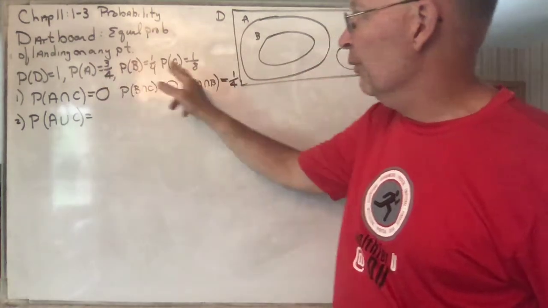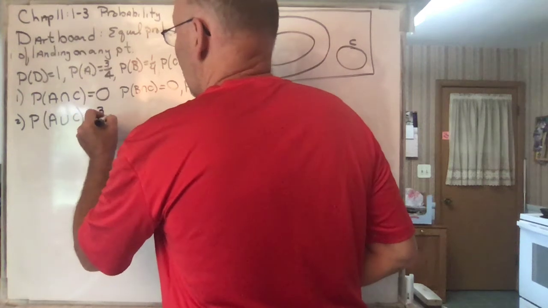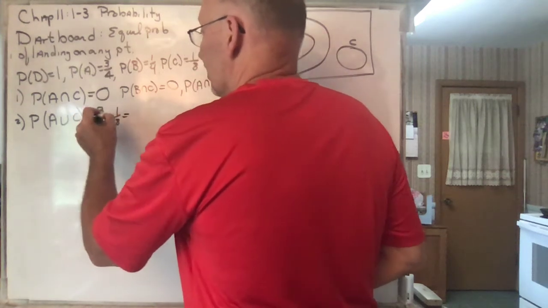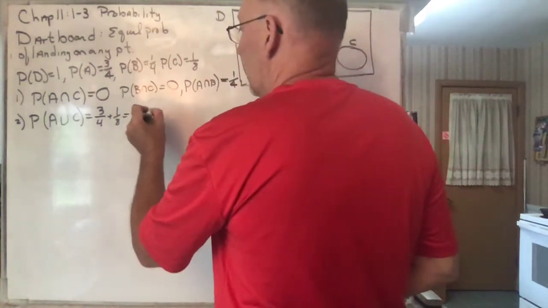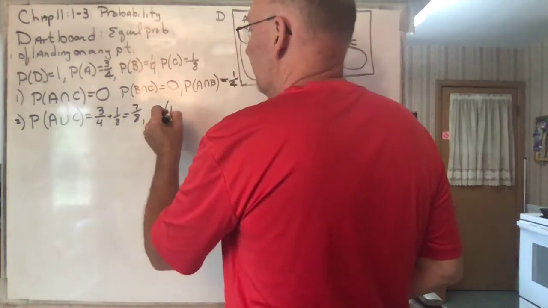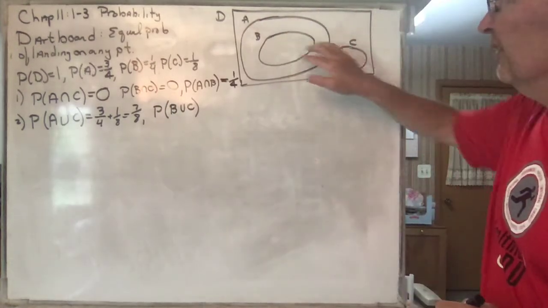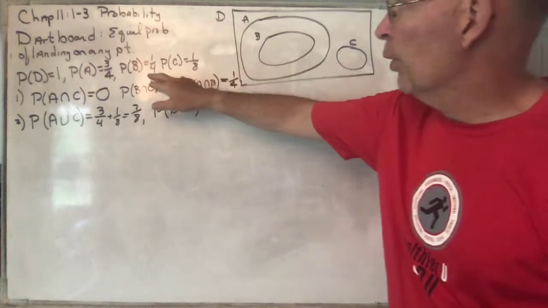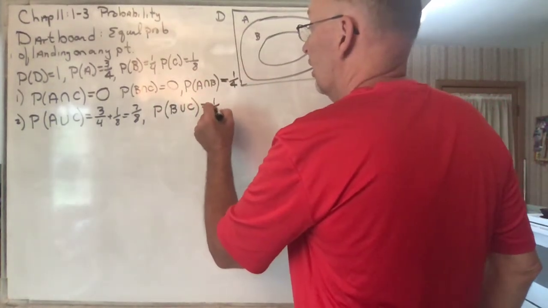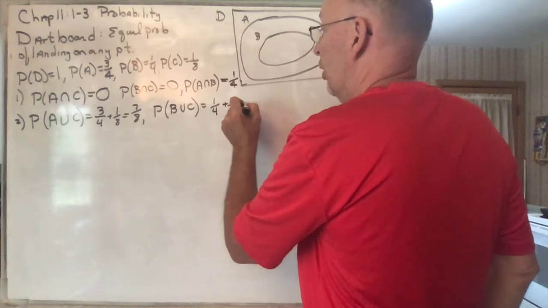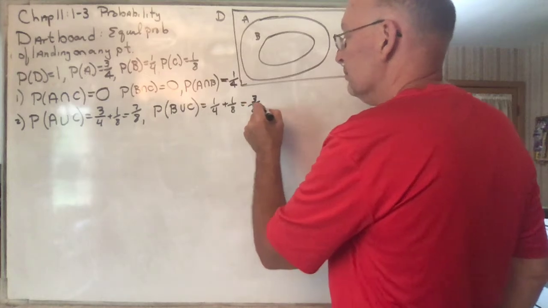So it's going to be 3/4 plus 1/8, which is 6/8 plus 1/8, which is 7/8. Agreed? The probability of B or C is going to be, these are mutually exclusive, so it's 1/4 plus 1/8, which is 2/8 plus 1/8, which is 3/8.